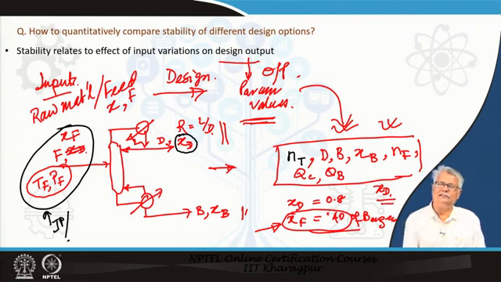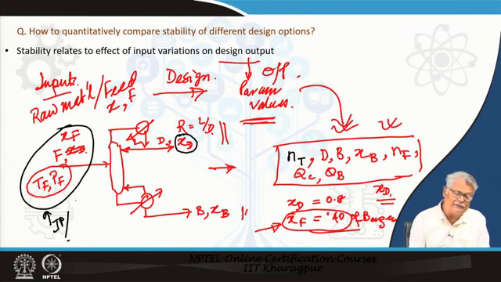Now, once I have designed this, though I have designed with my best estimates for my input variables, in actual practice, if these parameters change slightly, what will be their effect on the final design parameters or final performance of my equipment.